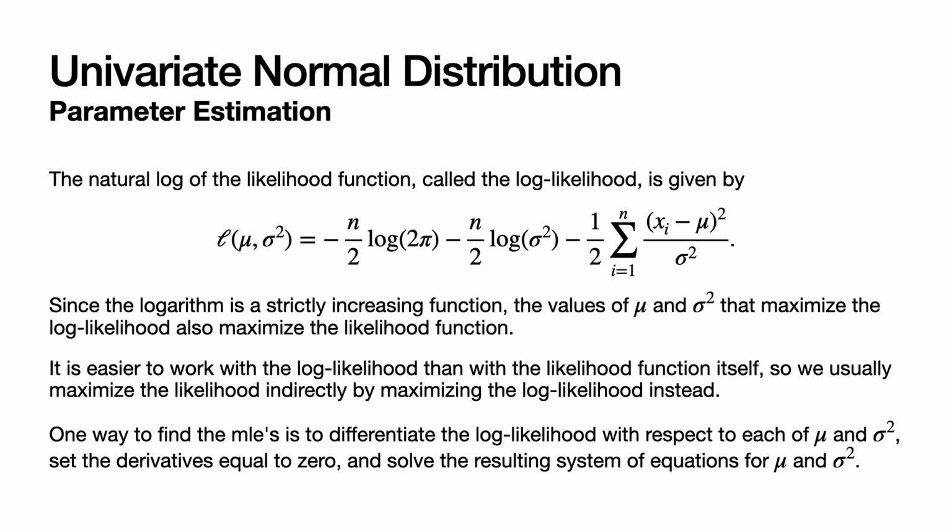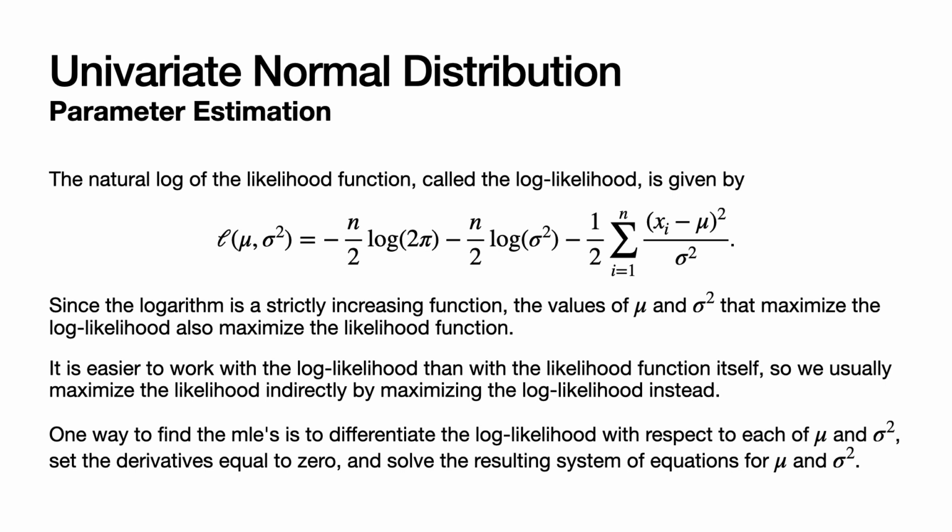So this is the expression that we get if we calculate the natural log of the likelihood function cap L. It's the log likelihood, and we denote it by lowercase script l.